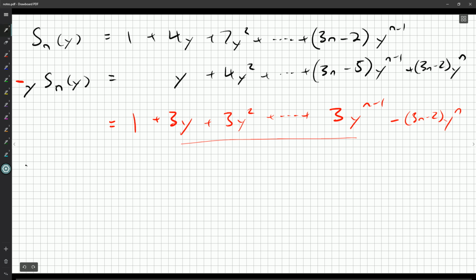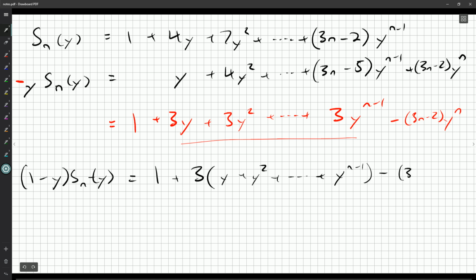So S_n y minus y S_n, I'm going to write that as (1 minus y) S_n. That is 1 plus, now we can do 3y plus 3y squared plus up to 3y^(n minus 1), minus (3n minus 2) y^n. I'm going to group that first and last term together.